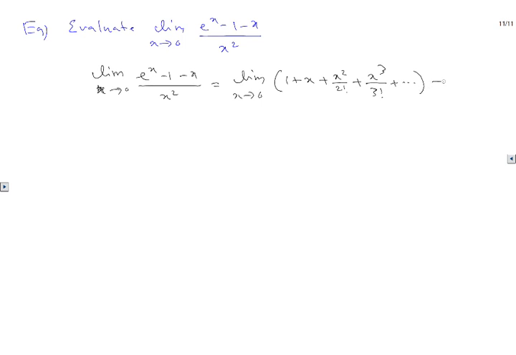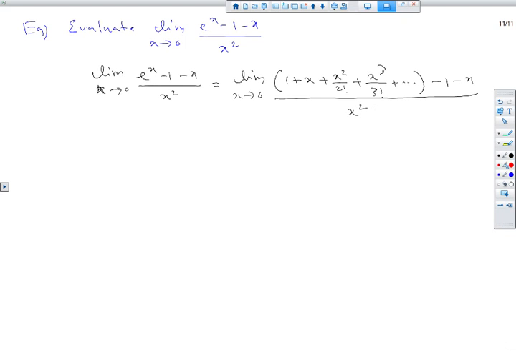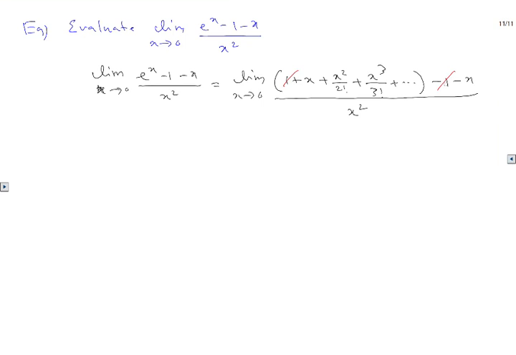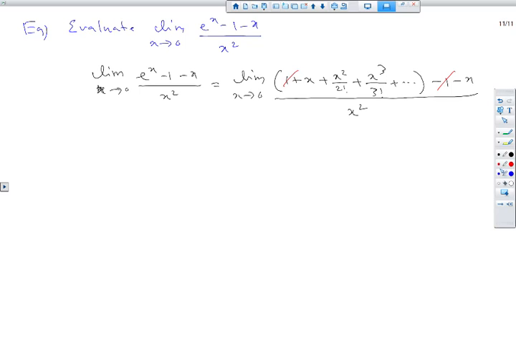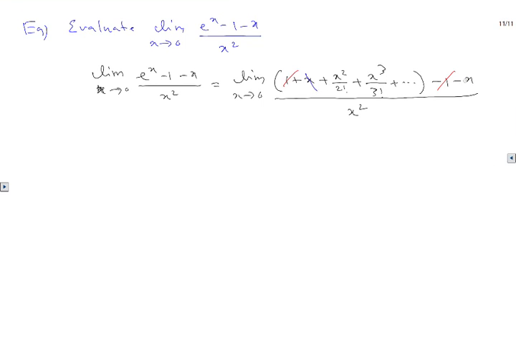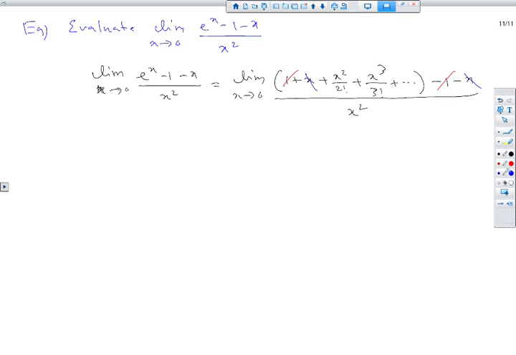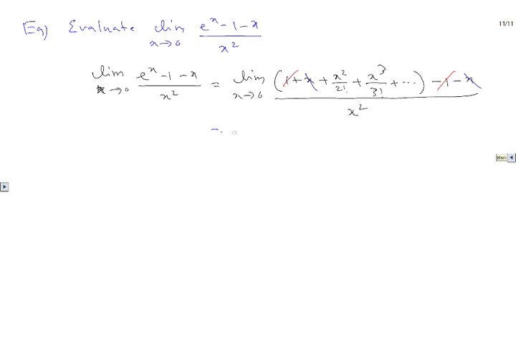And then the rest, minus 1 minus x, divided by x squared. So we're going to simplify this. You can see some of the terms get cancelled, so this cancels with that, and then this one cancels with that one. Okay, so those two get cancelled.